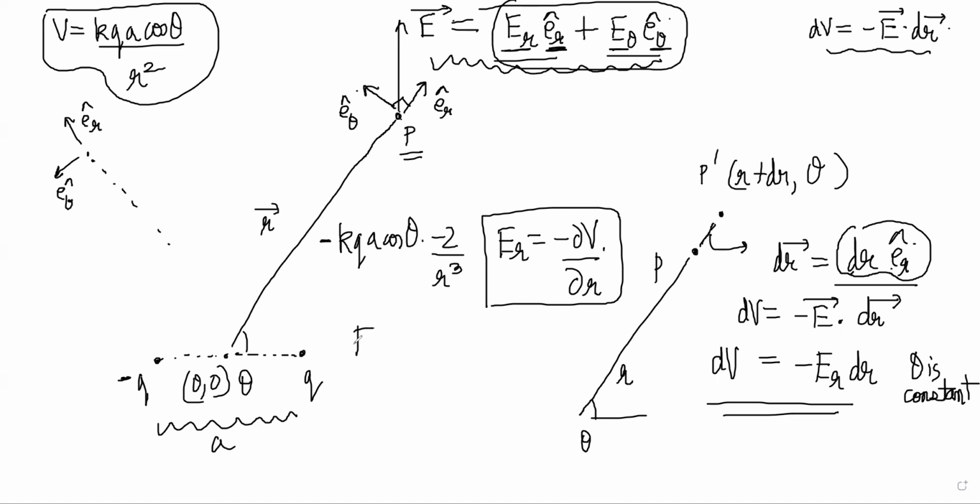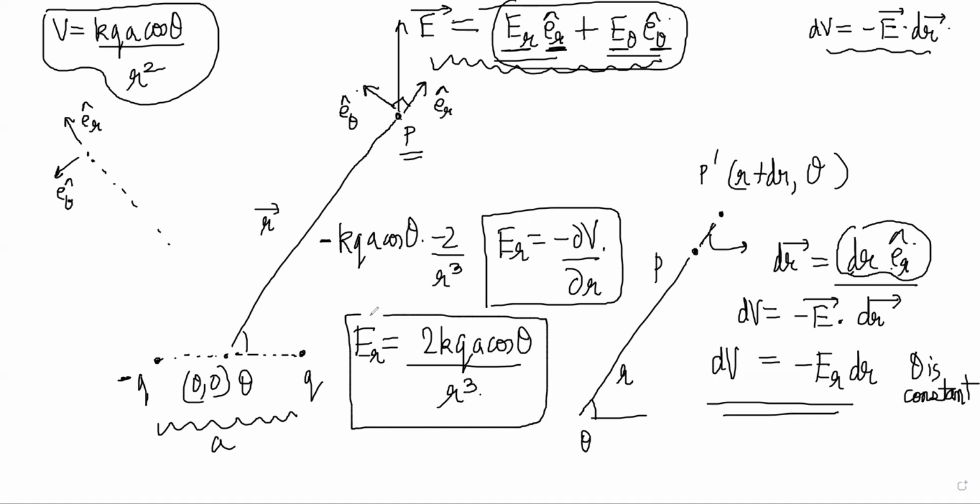Er is coming as 2 kqa cos theta by r cubed. I hope you are understanding how we got this. Okay, so one component of the field we already found, right? Now we will do the other component of the field.